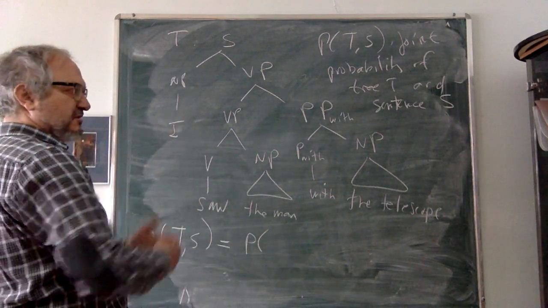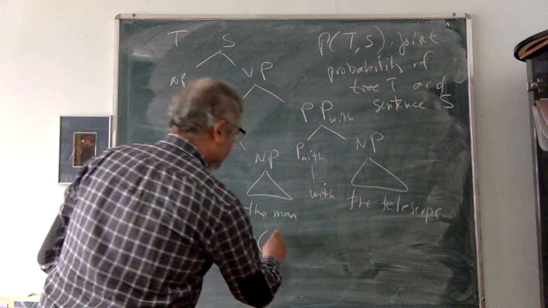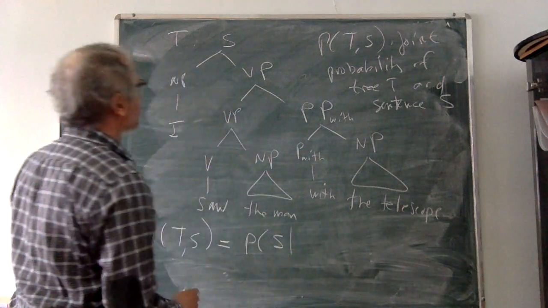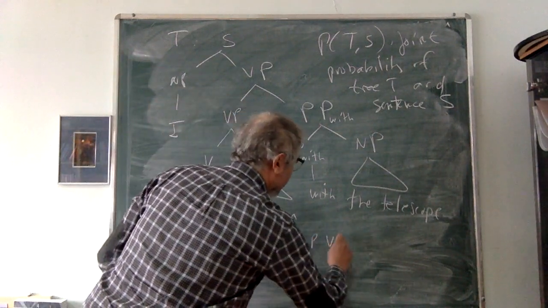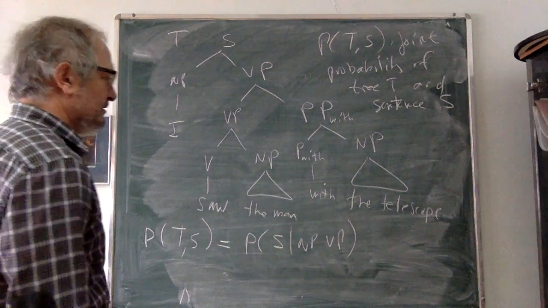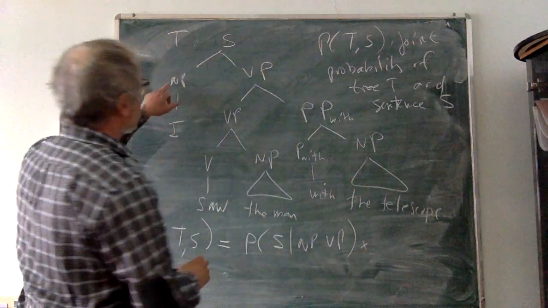If you want to write it in bottom-up fashion, you probably write the probability of S given NP VP. So this is that rule.